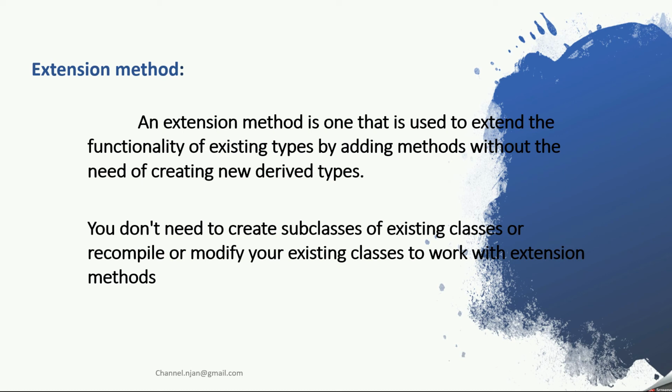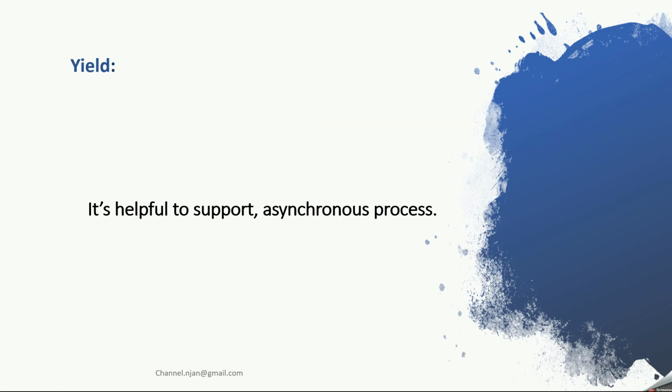I am not deriving that string into my class. You don't need to create a subclass of the existing class. Yes, we didn't create it. Or recompile. Yes, we are not recompiling. Or modify your existing class to work with the extension method. Yes, we are not changing the code in the existing class. Just we are extending the method. You got it, right? Okay, let's move on to the next one.